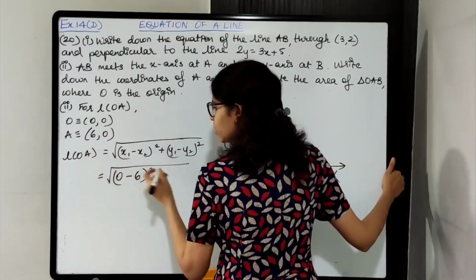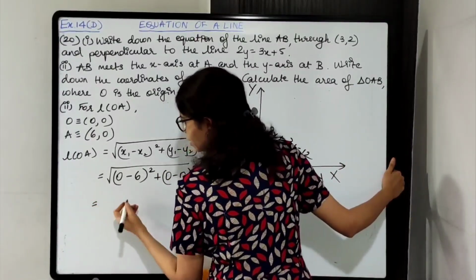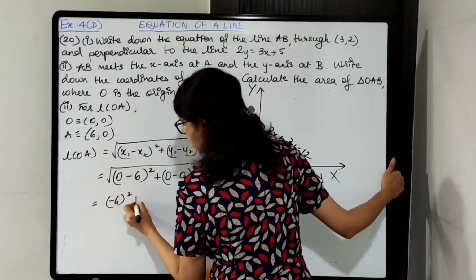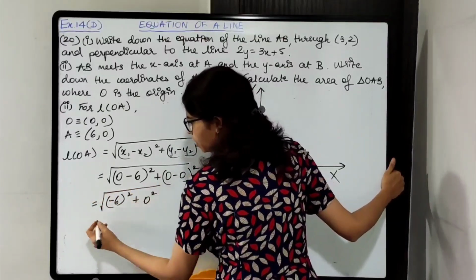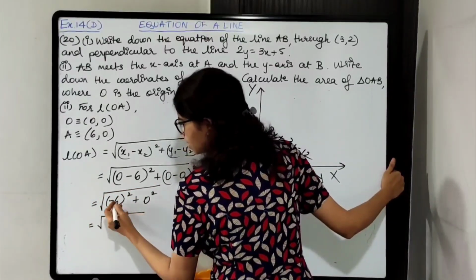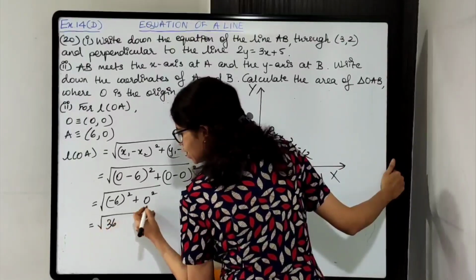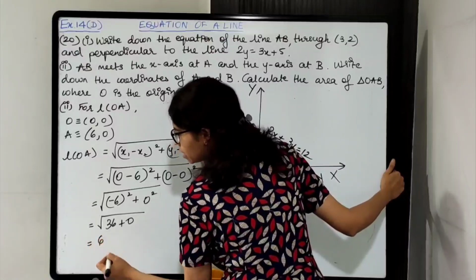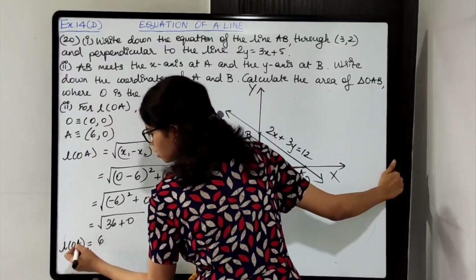So दोनों का y coordinate 0 है, so 0 minus 0 का square. 0 minus 6 gives minus 6 का square and 0 का square. Okay, minus 6 का square is nothing but 36 and 0 का square is 0. Okay, so square root of 36 is nothing but 6. So length of OA is 6.